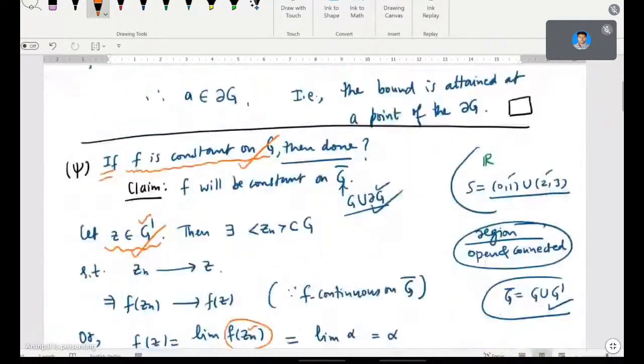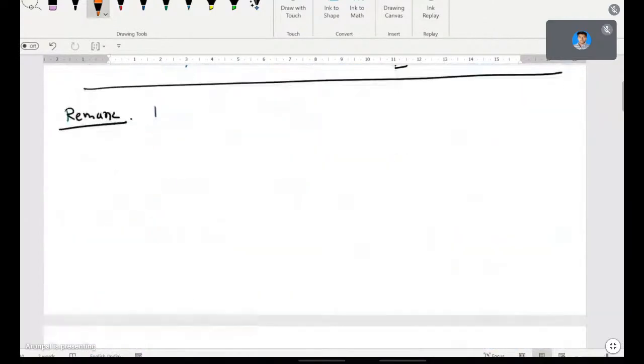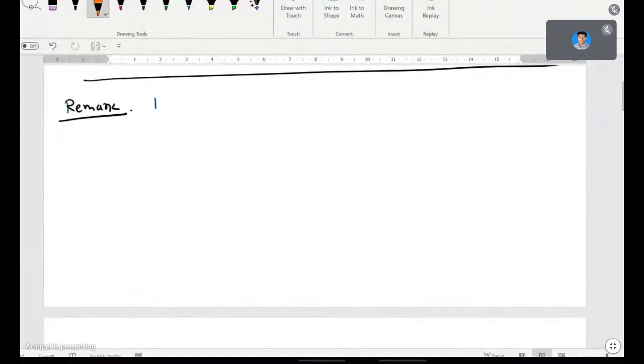So maybe you can discuss the other conditions also, but so far as your course is concerned, I am supposed to discuss the boundedness of G, and the remark says that the condition of boundedness on G can't be dropped.